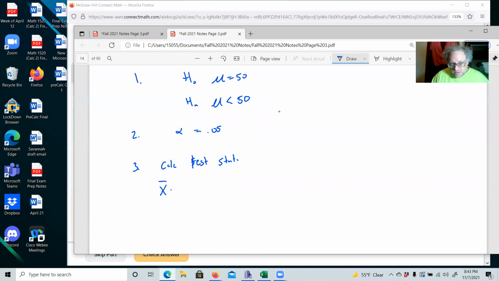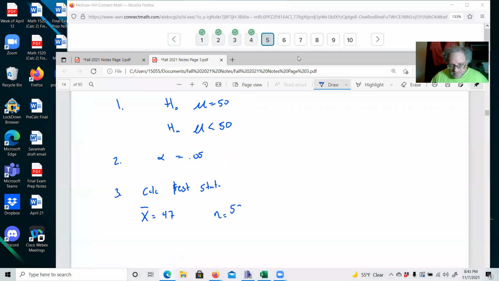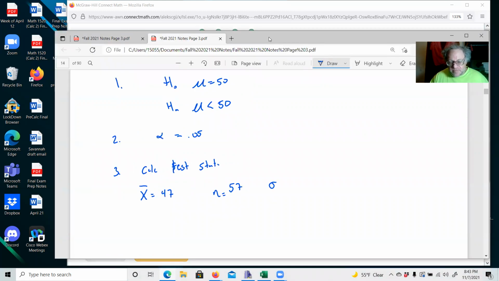What is our X bar? Our X bar was 46, I believe. What's our N? Still related to the central limit theorem, our N is, let's see, not 46, 57. What's the standard deviation? The standard deviation on this test is going to be 15.